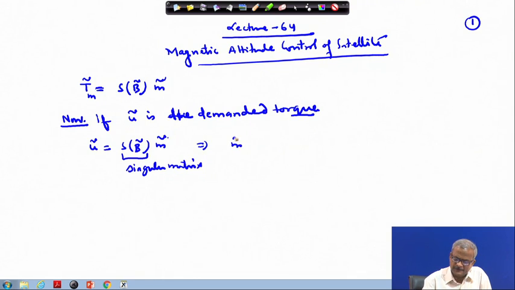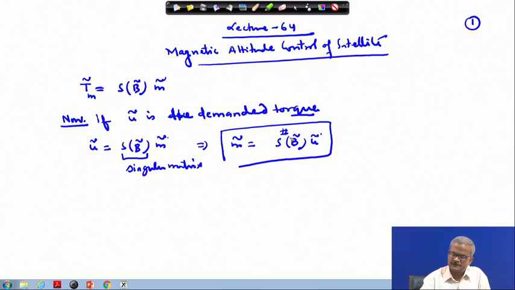So, we can find this m tilde by taking the pseudo inverse of this skew symmetric matrix, and we can write this as the pseudo inverse of S b tilde times u tilde. I will not go into the derivation of how to calculate the pseudo inverse of this skew symmetric matrix S b, because it will take a lot of time unnecessarily, and we will lose the basic things we are trying to concentrate on.